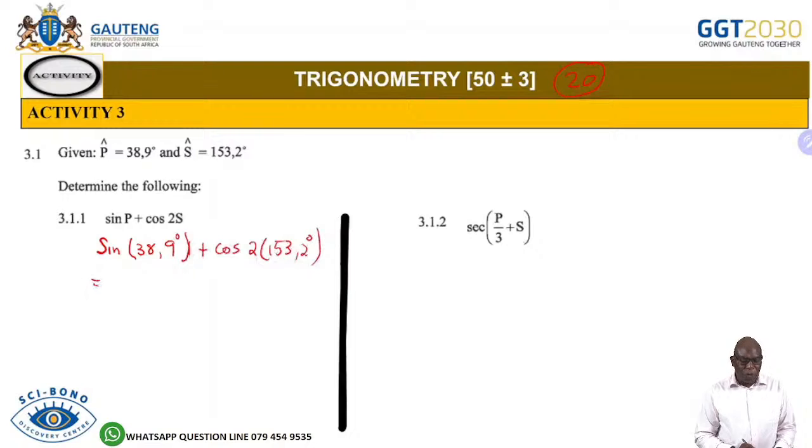Please don't write them separately. Don't take a calculator and do sine 38.9 and write the answer, then cos 2 times 153.2 and write the answer. No. Do it at once.